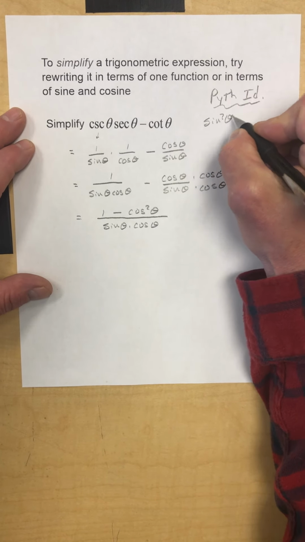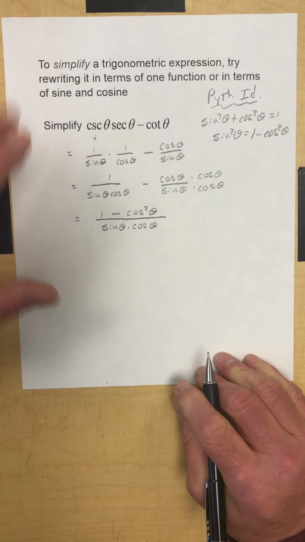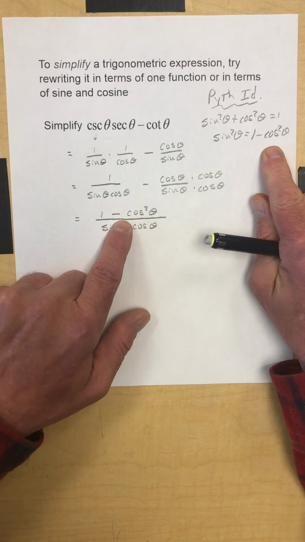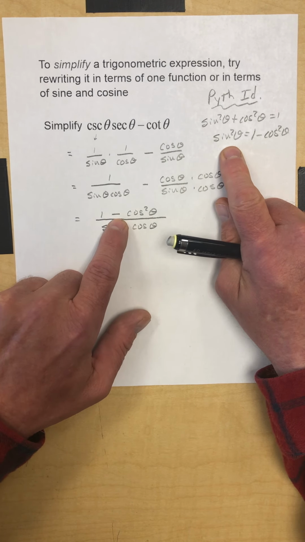Looking at that numerator, couldn't I subtract cosine squared from both sides to manipulate this? If I do that, don't I get sine squared theta equals 1 minus cosine squared theta? And isn't that this numerator here? So couldn't I substitute sine squared into this numerator?